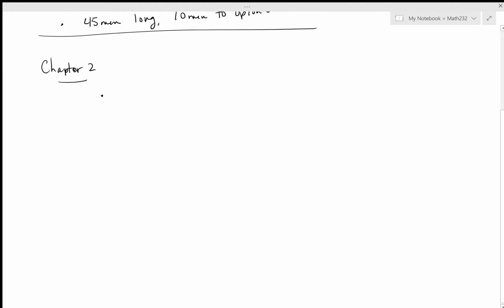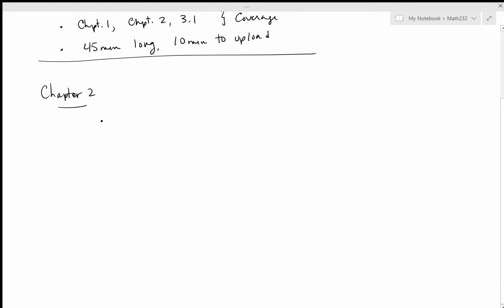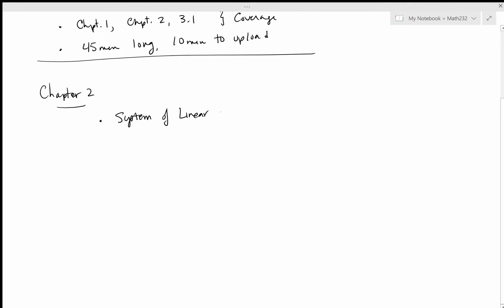But this is what I'm seeing the main things to be. What is a system of linear equations? We learned what a system of linear equations is. That's clearly important. It means we have one or more linear equations.